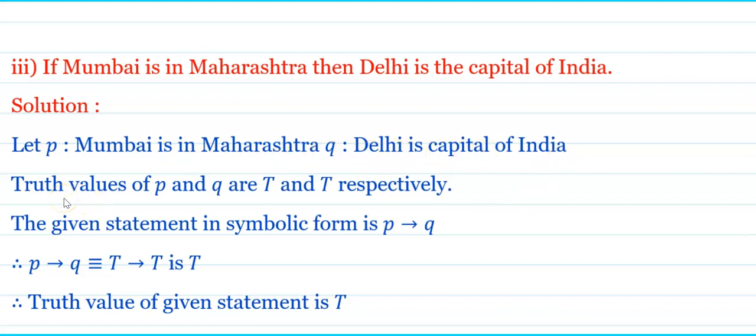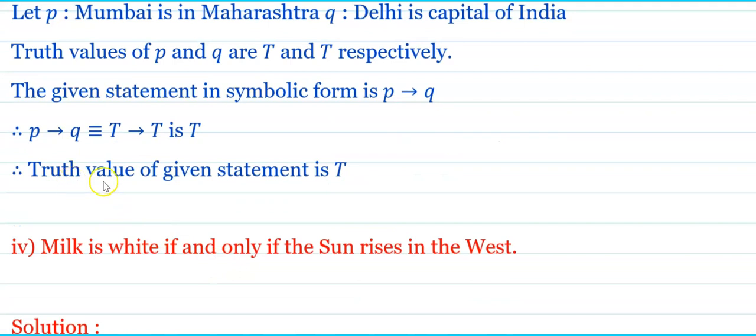The truth values of P and Q are T and T respectively. Mumbai is in Maharashtra, Delhi is the capital of India, the truth values of both are T and T. The given statement in symbolic form is P implies Q, which is equivalent to T implies T. And both are true in implication, then it is true. Therefore, the truth value of the given statement is T.